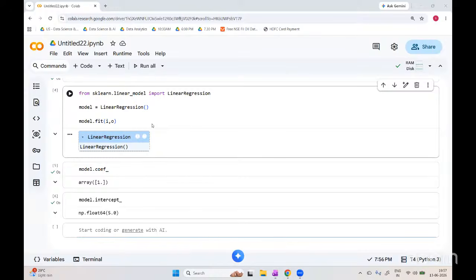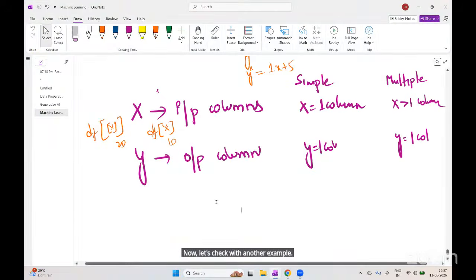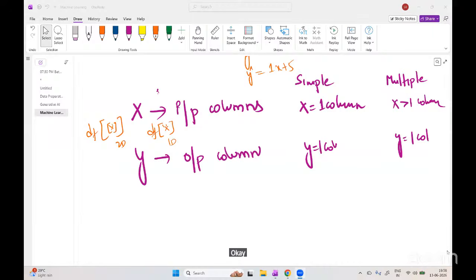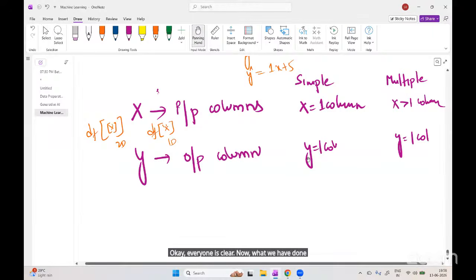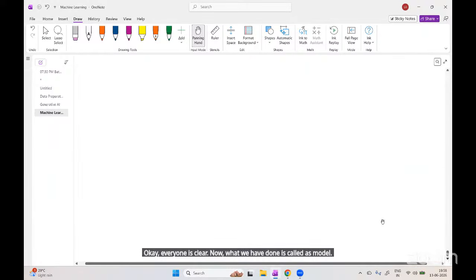Clear, guys? Now, let's take another example. For this example, y is equal to 1x plus 5. Everyone is clear? Now, what we have done is called modeling, identifying the equation. We have identified the equation.